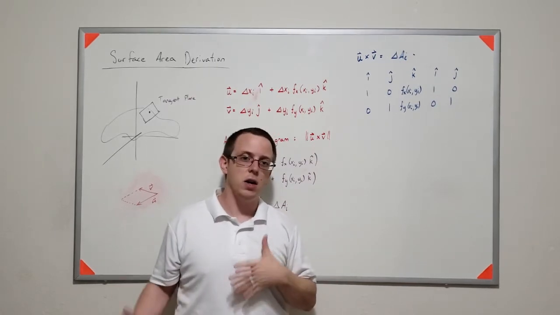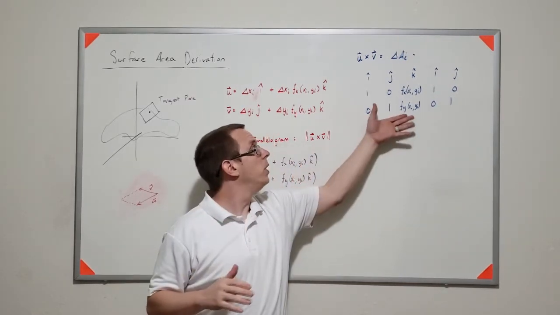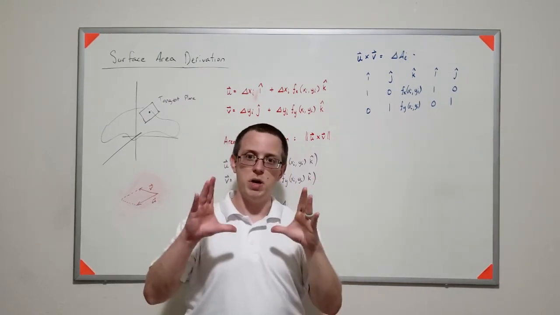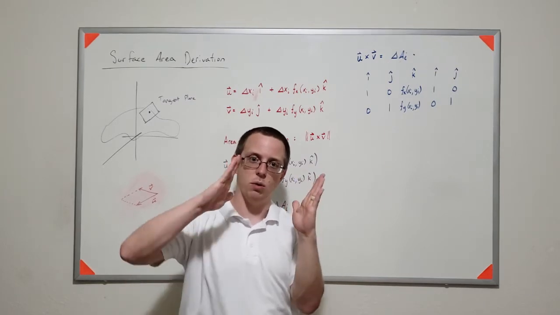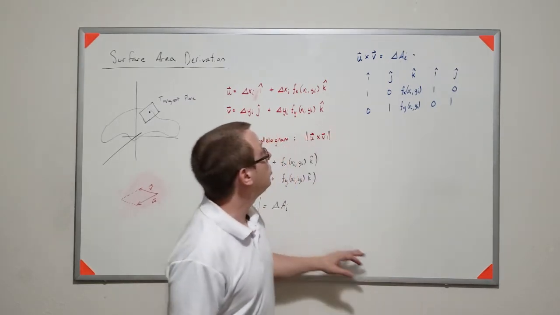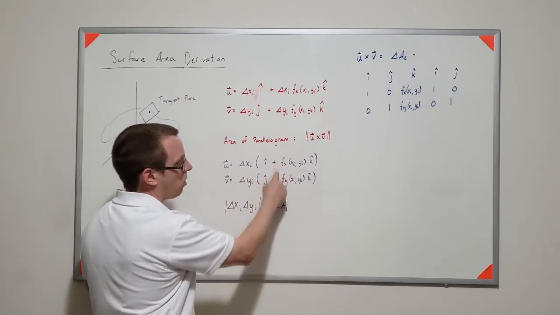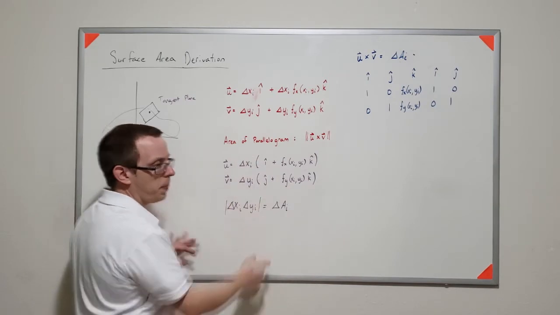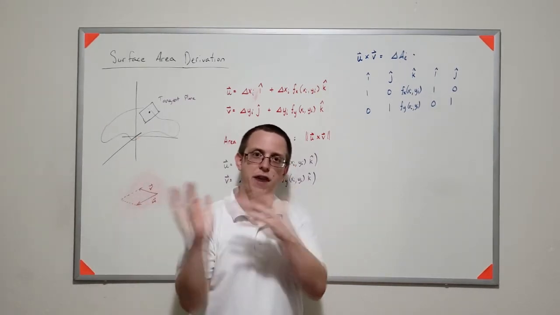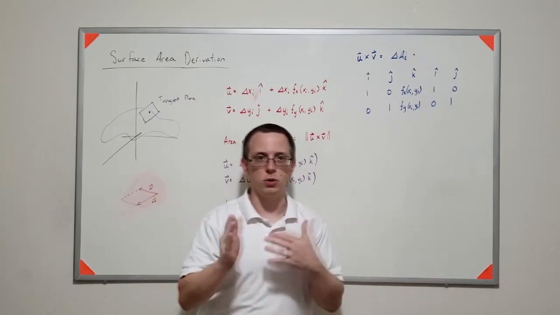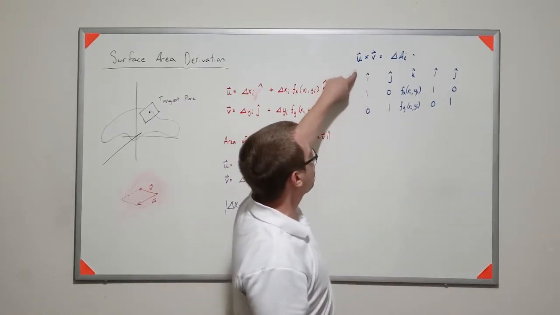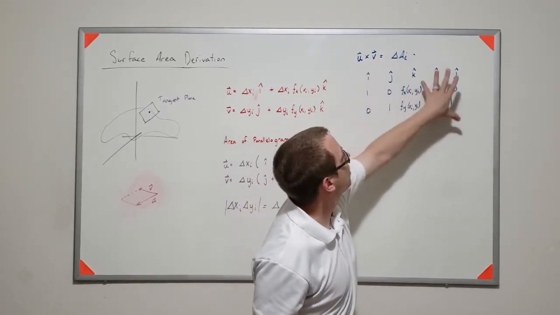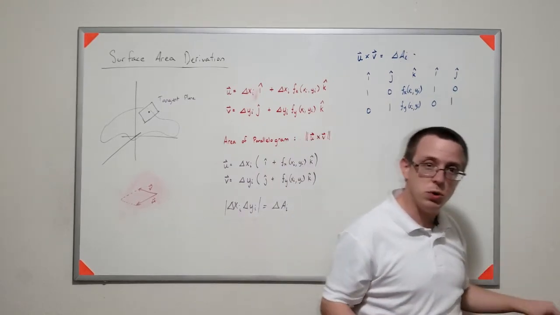If this turned out to be a 1, it would just be a rectangle, but usually it's not going to be, so that's kind of the wobble on it. Anyway, what you do is take the cross product of these, and these are going to be out front, because in the cross product you can factor out constants, so those are treated like constants. So it's whatever that rectangular area is times this cross product, and we're going to go ahead and compute that.